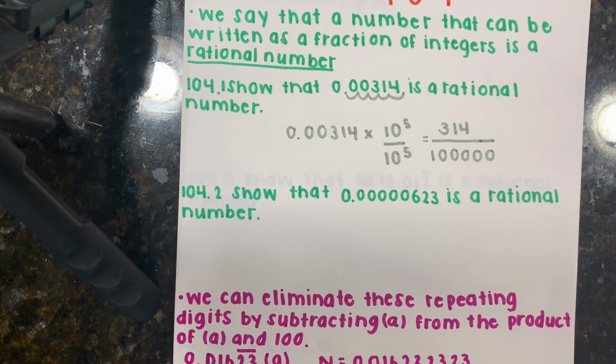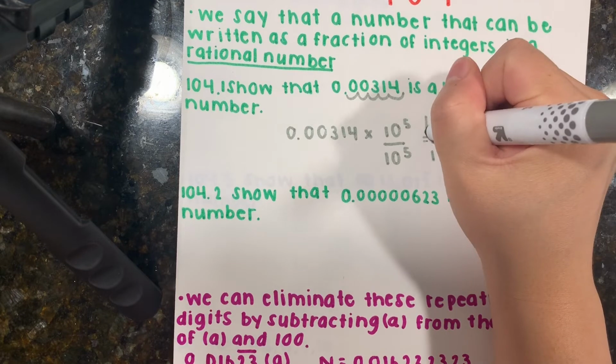You could reduce this fraction to its lowest terms, but this reduction is not required because any fraction of integers satisfies the requirement. So it doesn't have to be simplified all the way in order for us to get the correct answer. So this would be our result.